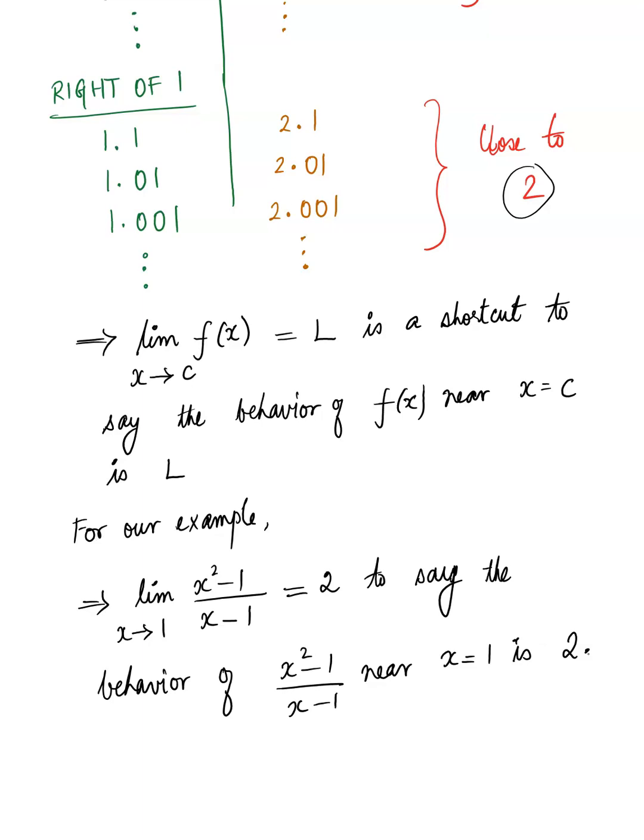So this is a template, a shortcut for us to figure out what's happening. Instead of drawing the graph or writing it out in words, we simply say limit of f of x as x approaches c equals L. That means we universally understand that the behavior of the function near that x value was this particular value, capital L.